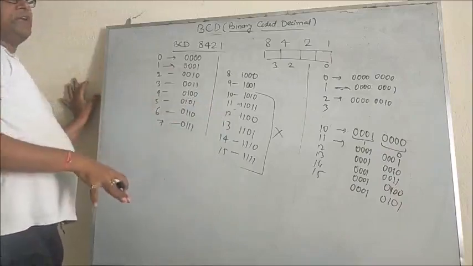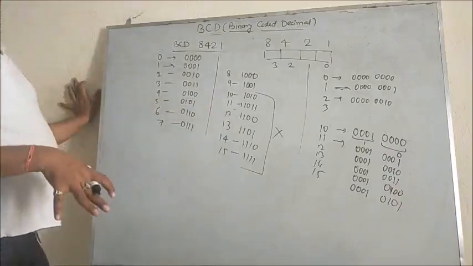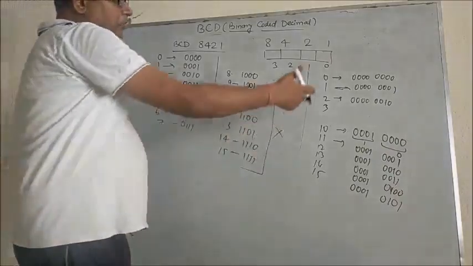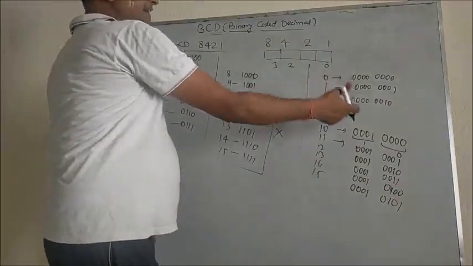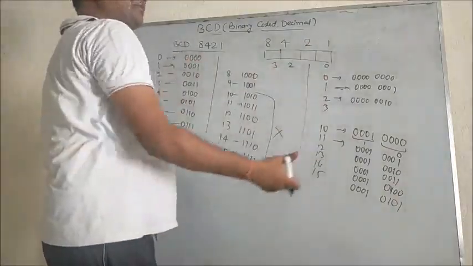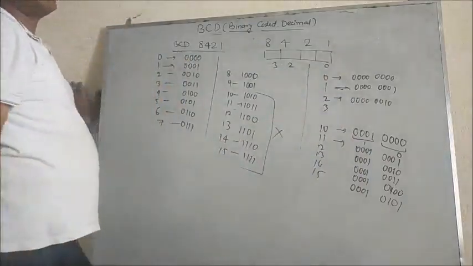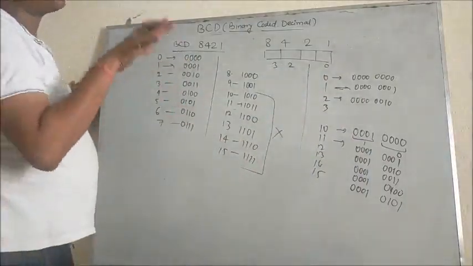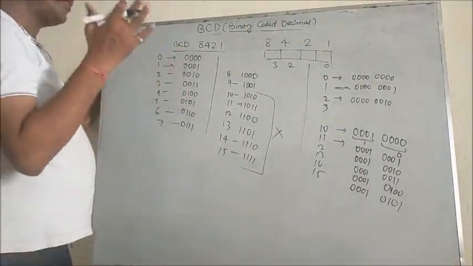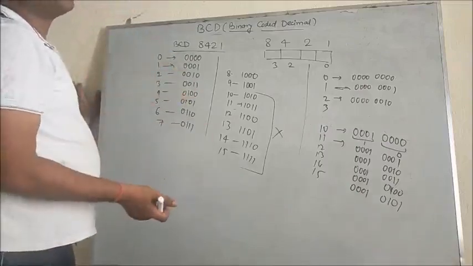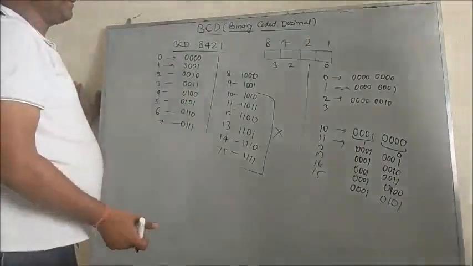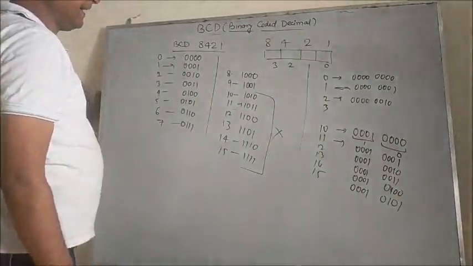If you want to implement a hexadecimal code to BCD, you have to follow this pattern: initially you have to take 8 bits to represent 0 also, right? If you are talking about hexadecimal code, then for 0 also you have to take how much? 8 bits, binary digits. Fine.